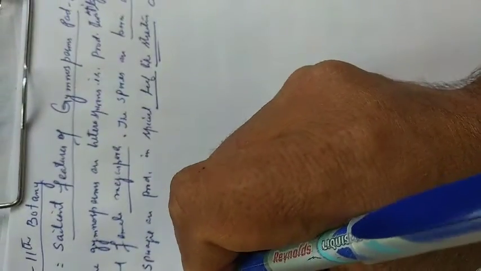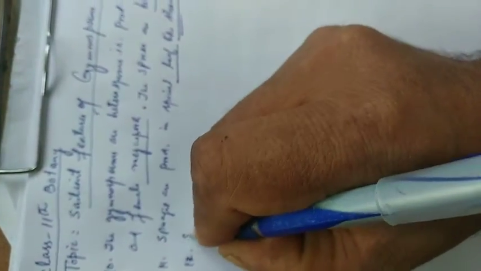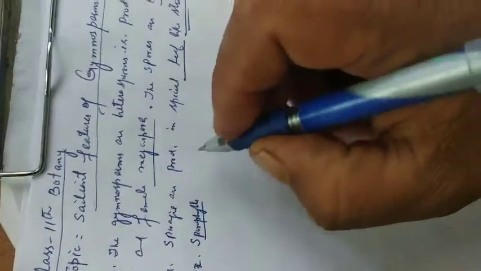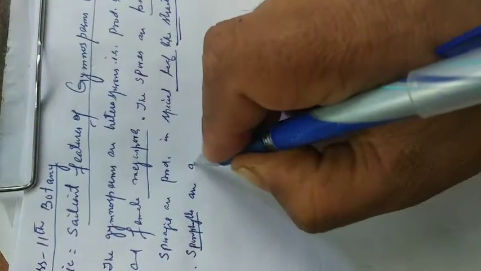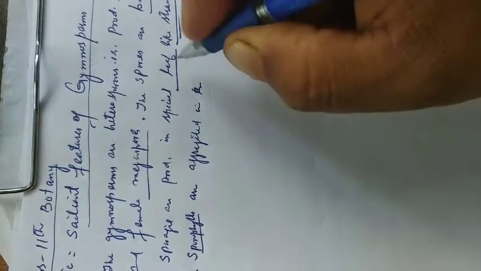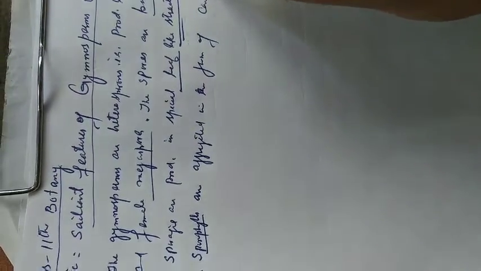Number 12. These sporophylls, the leaves bearing sporangia, are aggregated in the form of compact cones, or strobili.